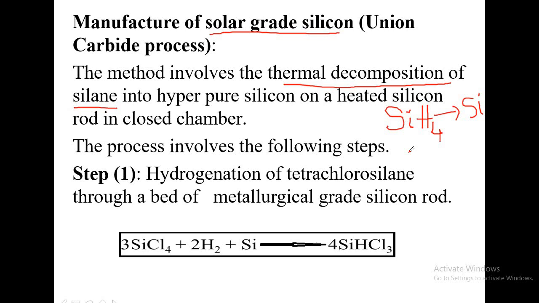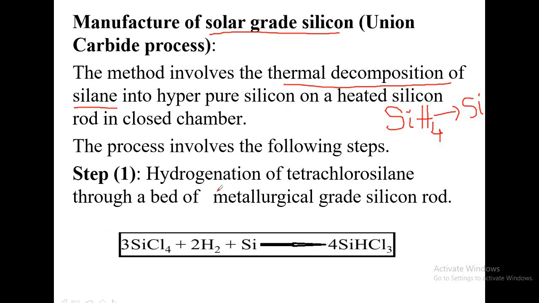The process by which we are increasing the concentration of pure silicon in the metallurgical grade silicon rod in order to get the solar grade silicon is the Union Carbide process. Now, the 4 steps involved in the process.